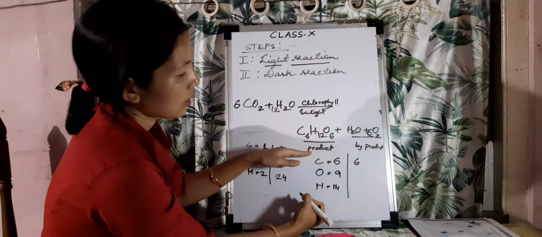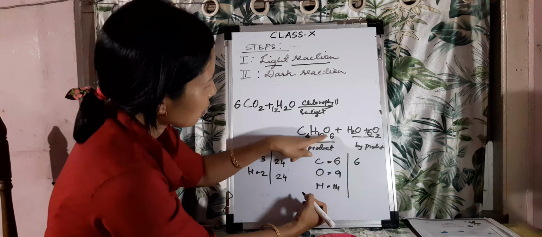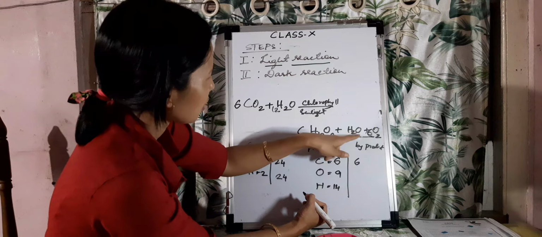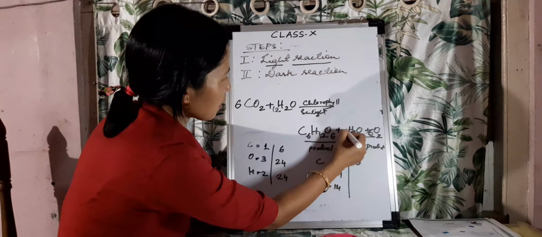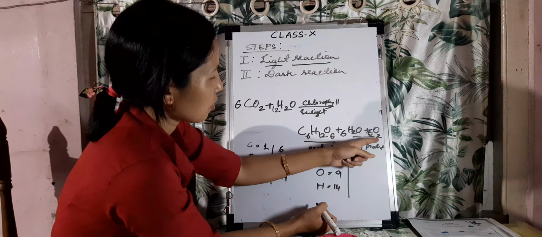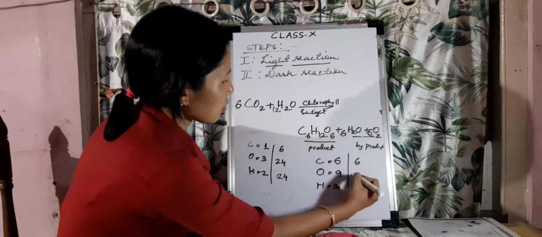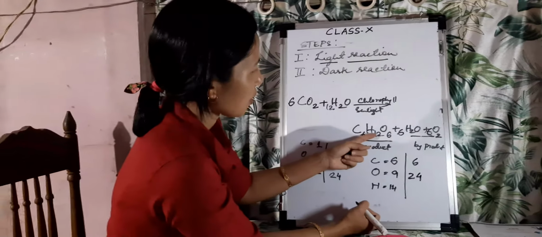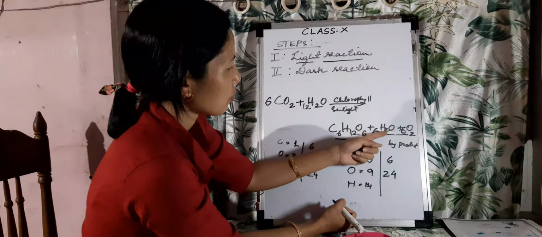Now let us see the right side. Here oxygen is 6 and it's not balanced, so we can put another 6 here. 6 plus 6, 12, and 6 twos are 12, so 12 plus 12 is 24. For hydrogen it's 12, and here also 6 into 2, 12, so 12 plus 12, 24.